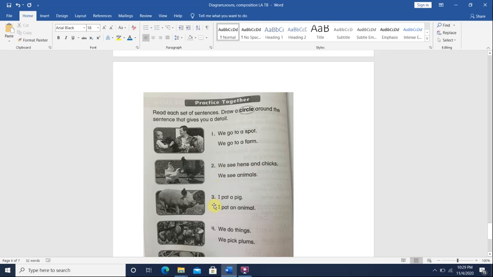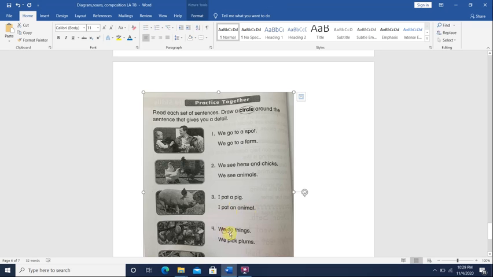Okay? For number 3, it says I pat a pig. I pat an animal. Okay? Again, which one has more detail? Sentence number 1. Why? Because it told you what that person patted. It told you the kind of animal that person patted. So I pat a pig.